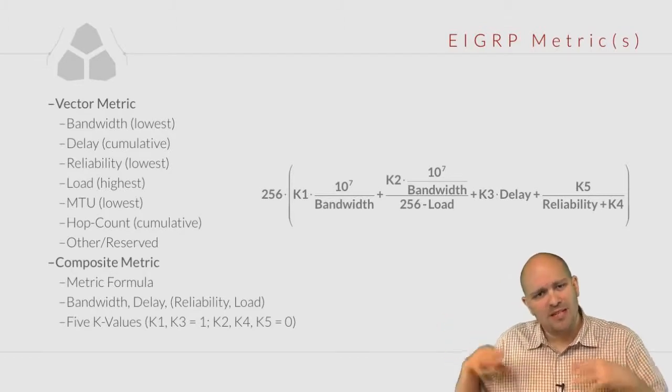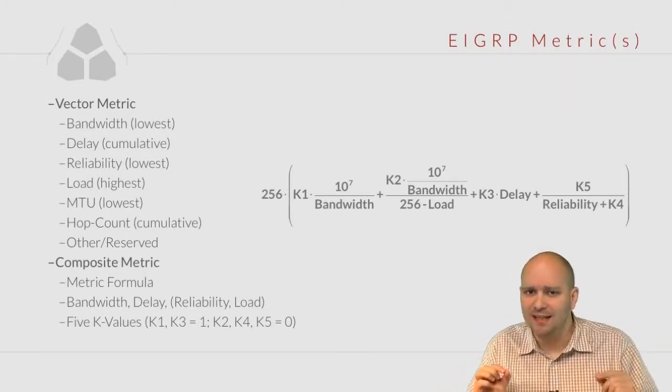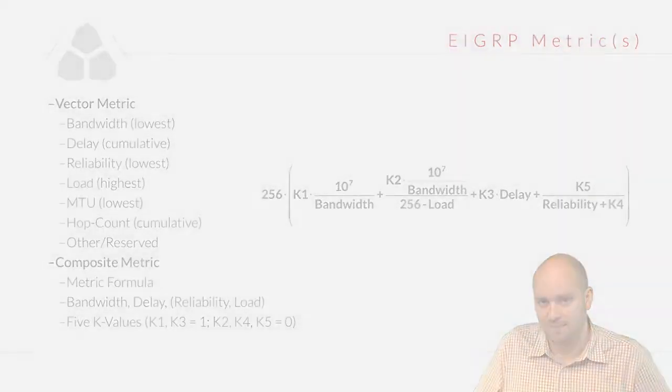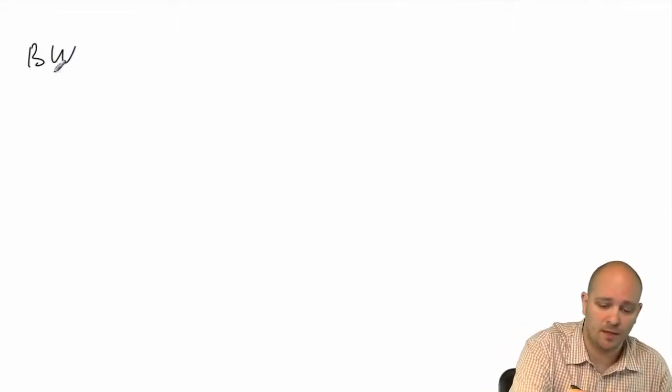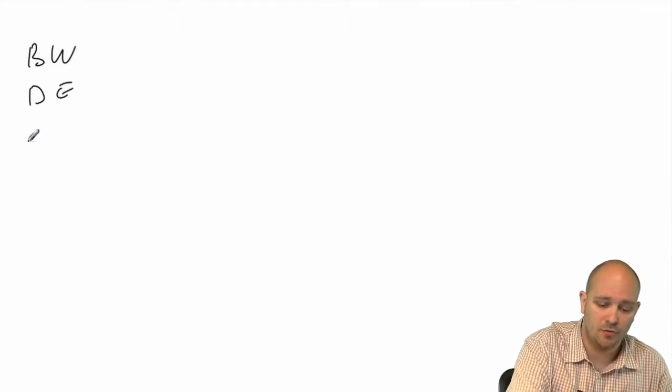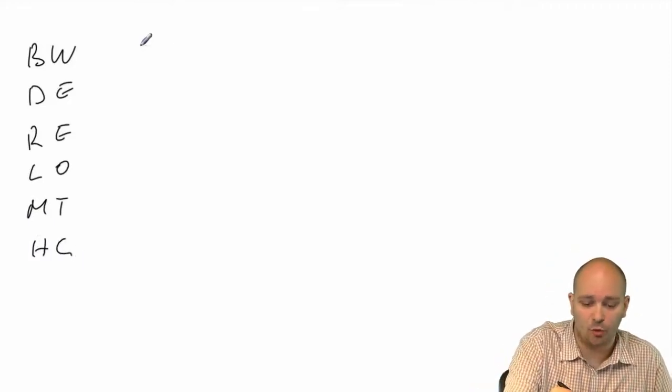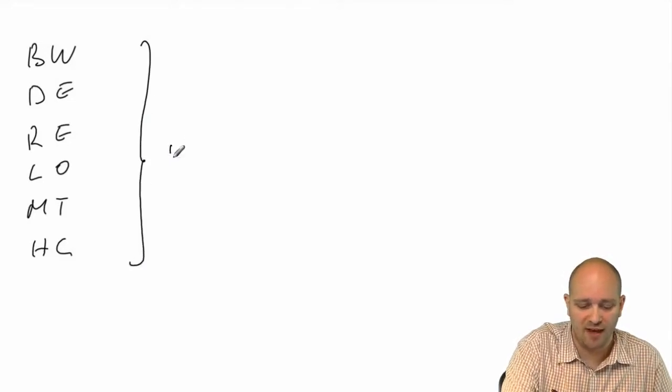So let me present you this same information in a slightly different way so that you can maybe see the relationship between these metrics. We have now learned that EIGRP has bandwidth, delay, reliability, load, MTU, and hop count as parts of what EIGRP calls the vector metric.